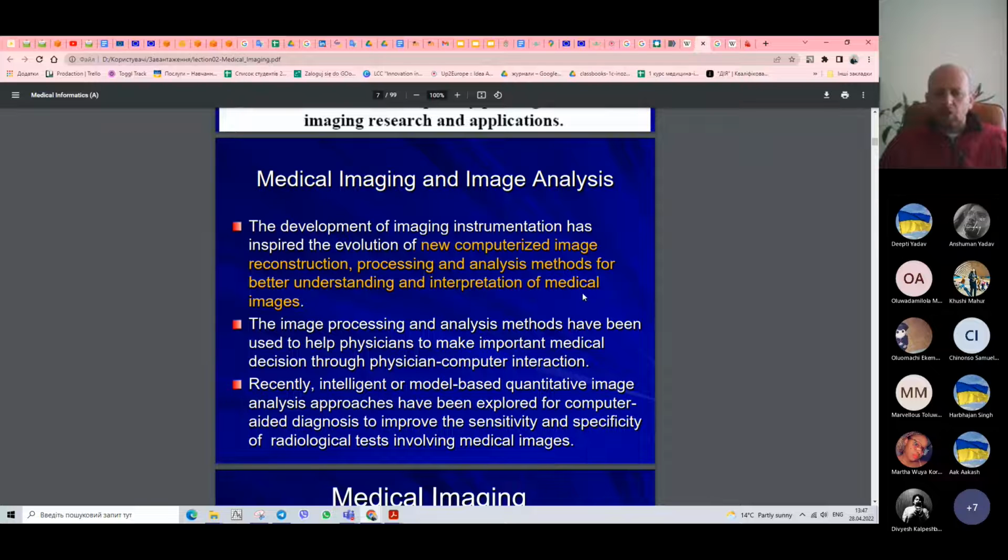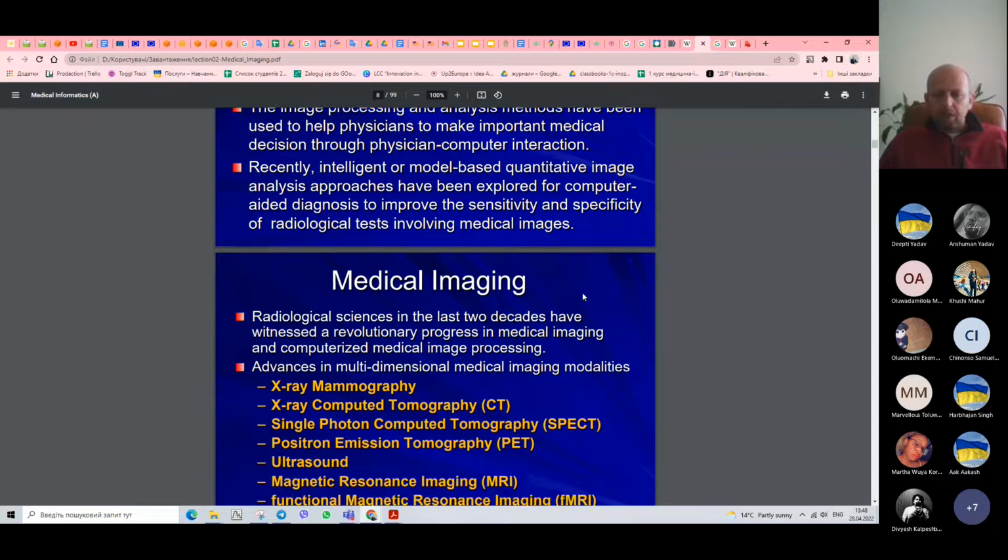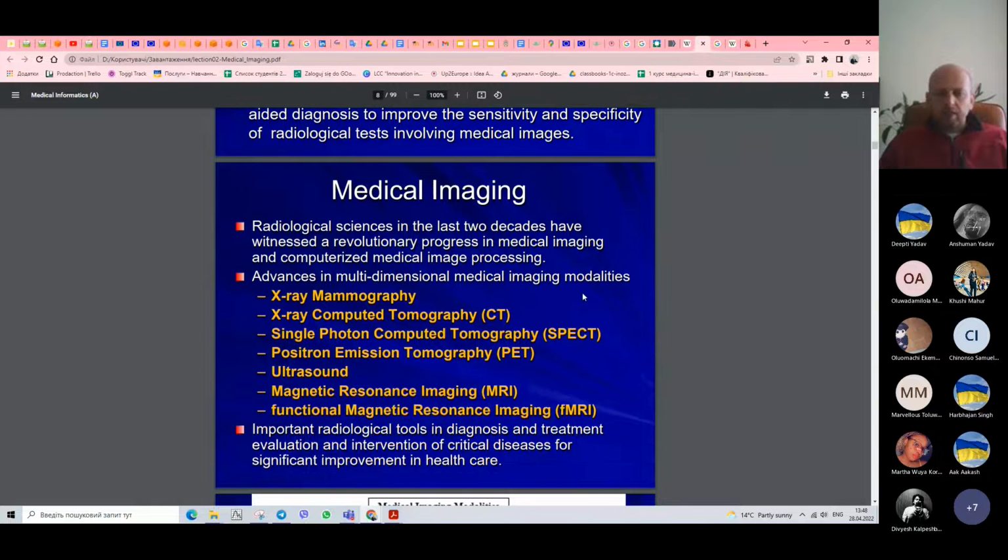Recently, intelligent or model-based quantitative image analysis approaches have been explored for computer-aided diagnosis to improve the sensitivity and specificity of radiological tests involving medical images. In radiological science, the last 2 decades have witnessed revolutionary progress in medical imaging and computerized medical image processing.